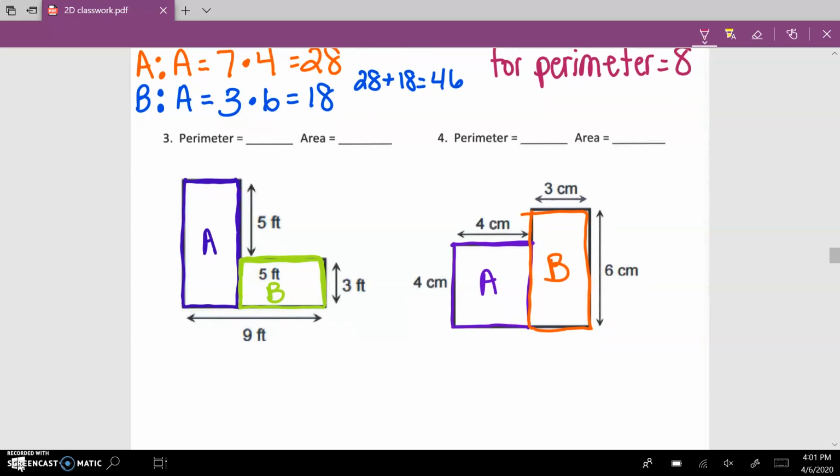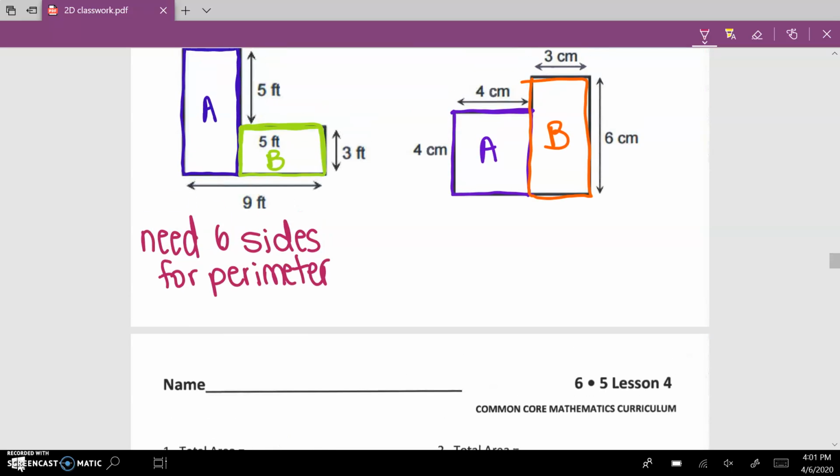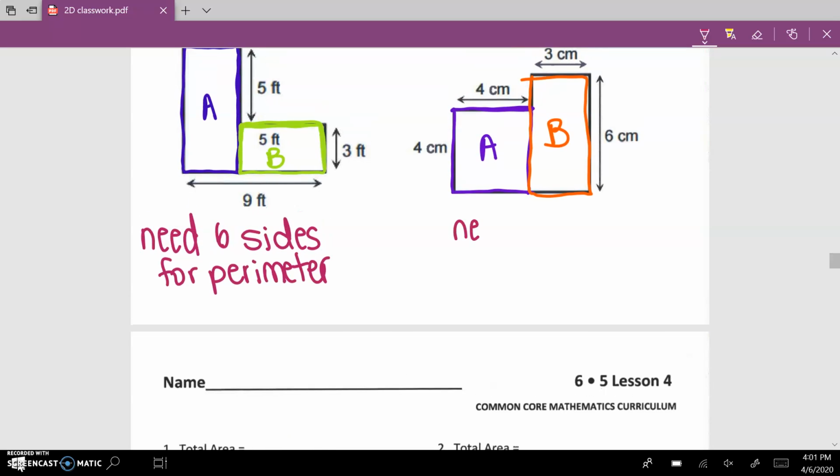Okay, if you look down at number 3, if I count them up, 1, 2, 3, 4, 5, 6 sides for perimeter. And then for the last one here, you will need 1, 2, 3, 6. Again, here you will need 6 sides for the perimeter.